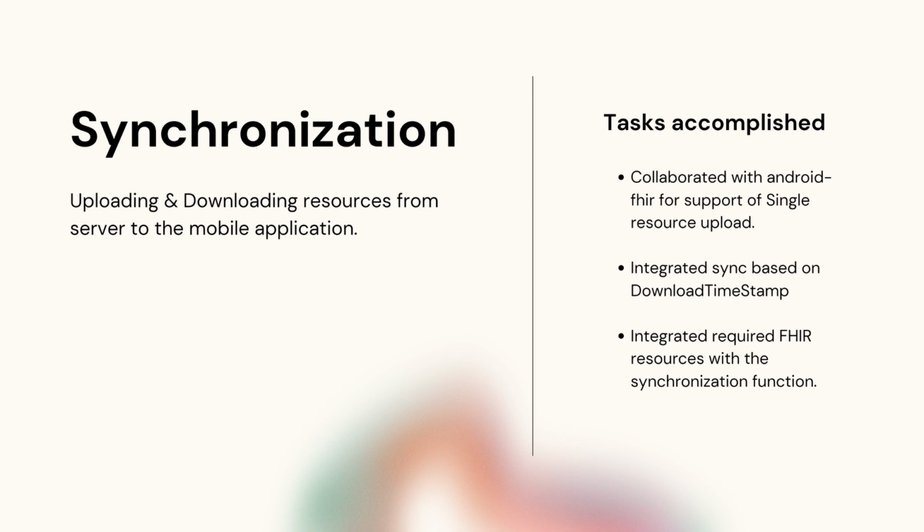And the way OpenMRS works is that it requires an individual resource save request for each FHIR resource. So we communicated with the Google team and they provided this support to the application.